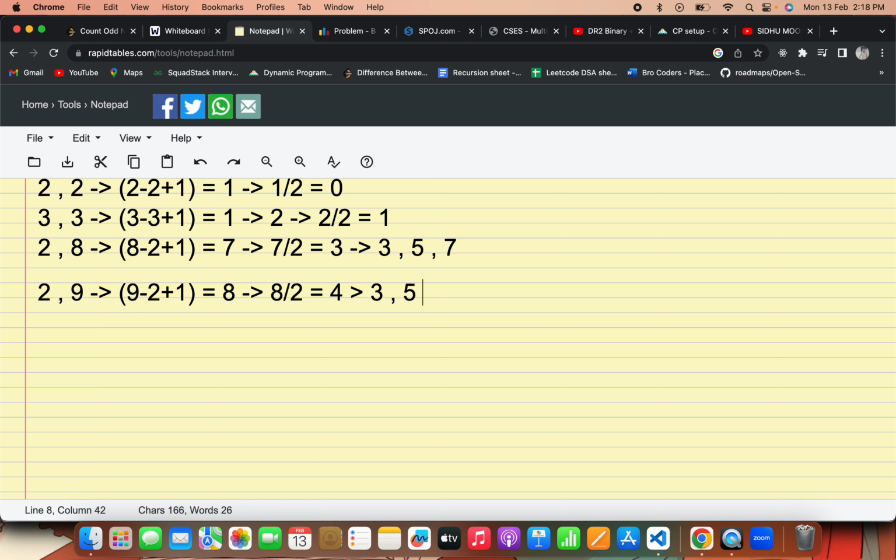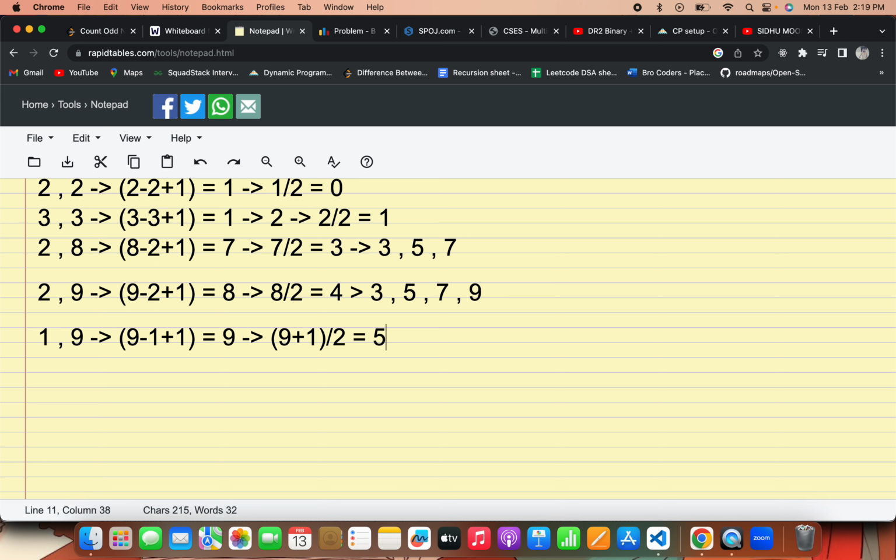3, 5, 7, 9. Okay, and what if both of them are odd, just like 1 and 9? In that case we would have to make a separate condition for the first one. That's why we are taking the ceiling in the case where both are odd. In this case there are 9 total numbers possible, and our answer would be 9 plus 1 divided by 2, that is 5.